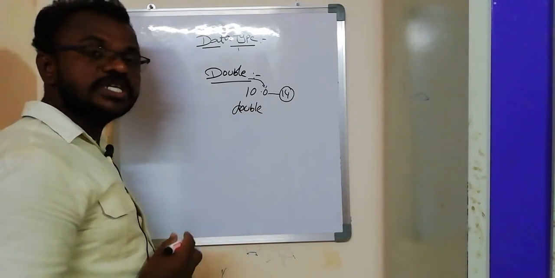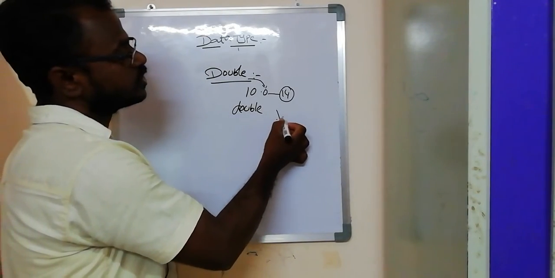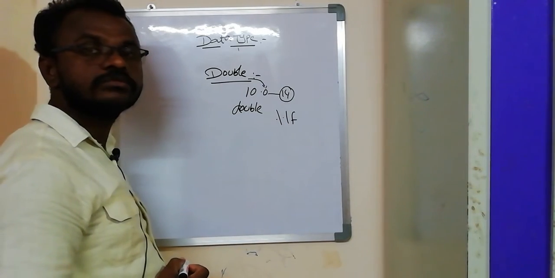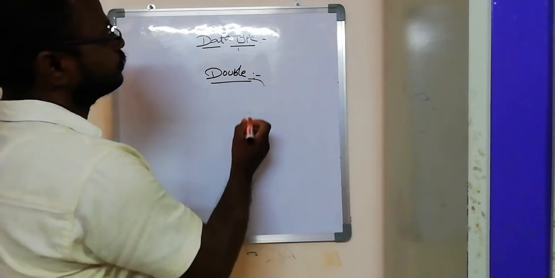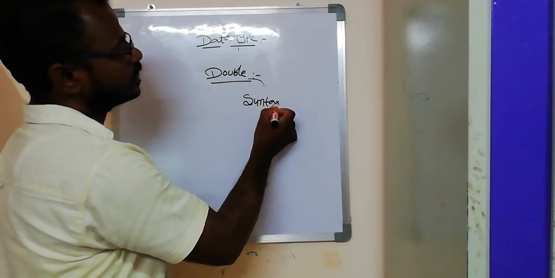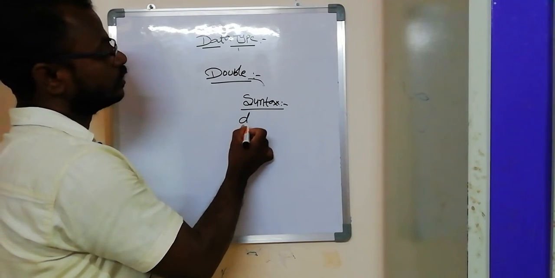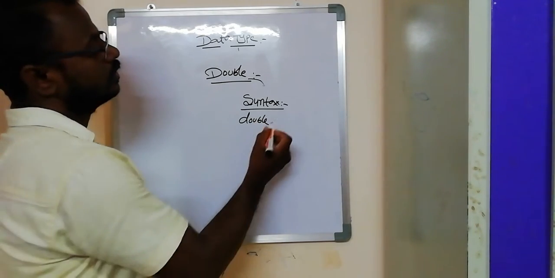We can print this type of value in a C program using the format specifier %lf, long float. The syntax: we write the keyword, my keyword is double.